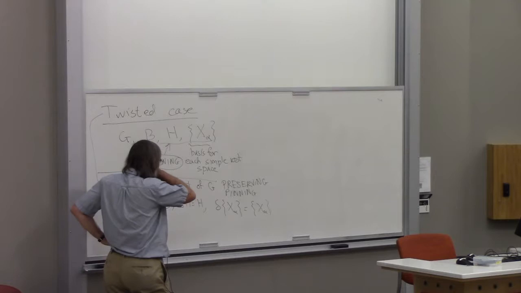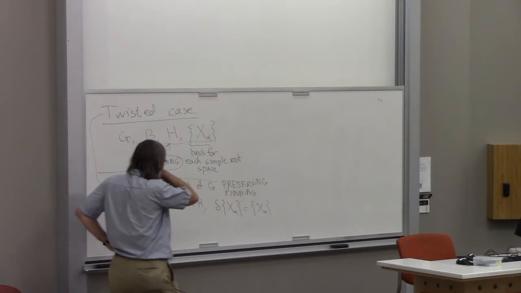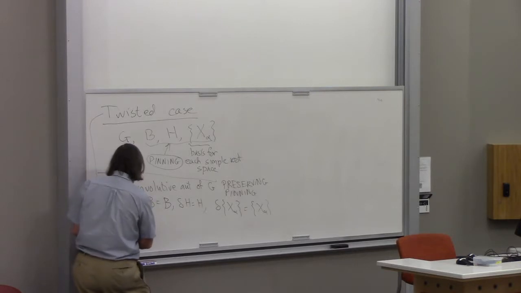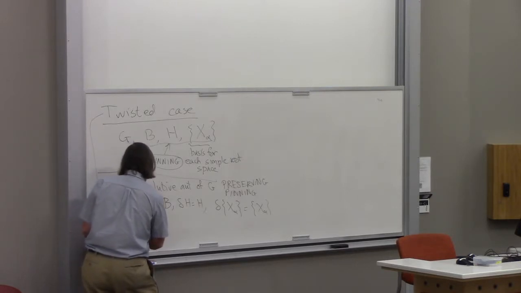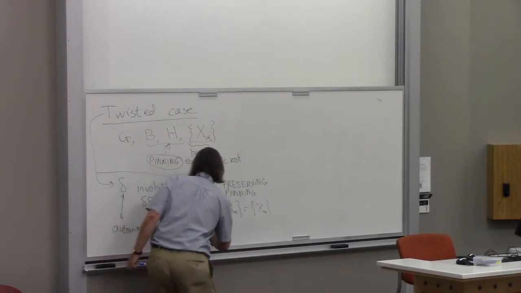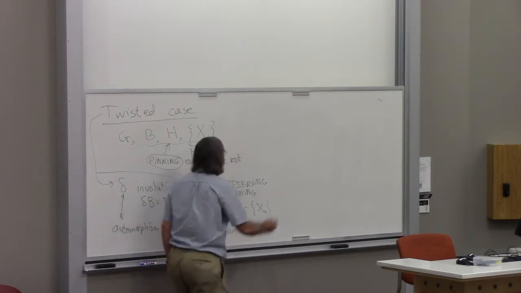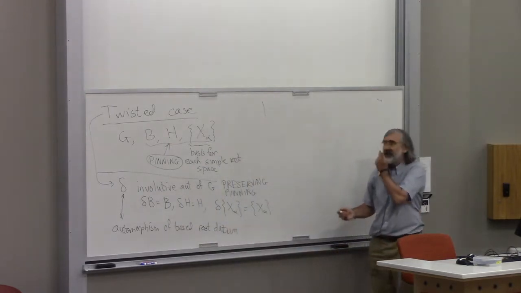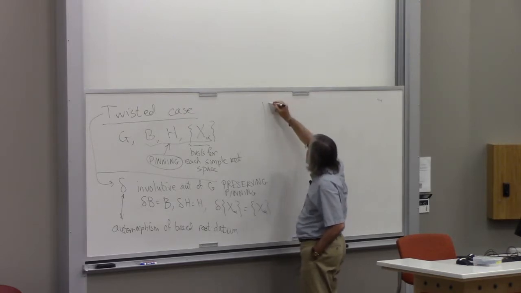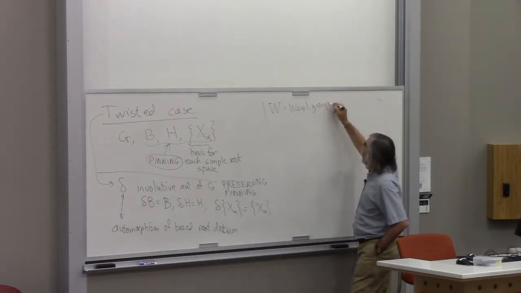So this is the same thing as an automorphism of this base root datum. Okay, the first, the easy thing: we have W, this Weyl group, and it has a presentation.